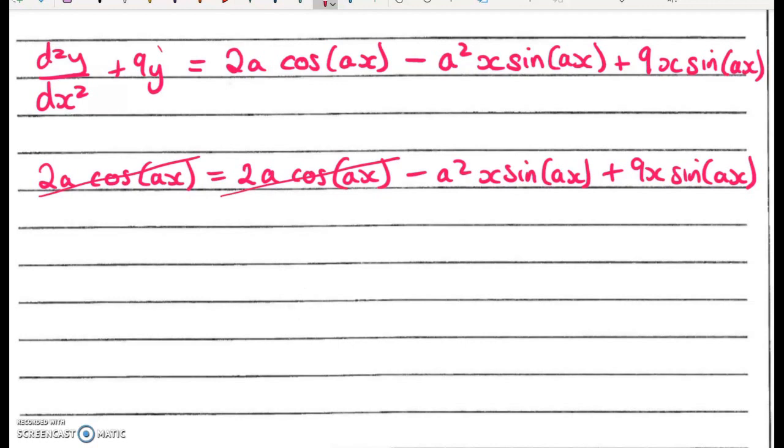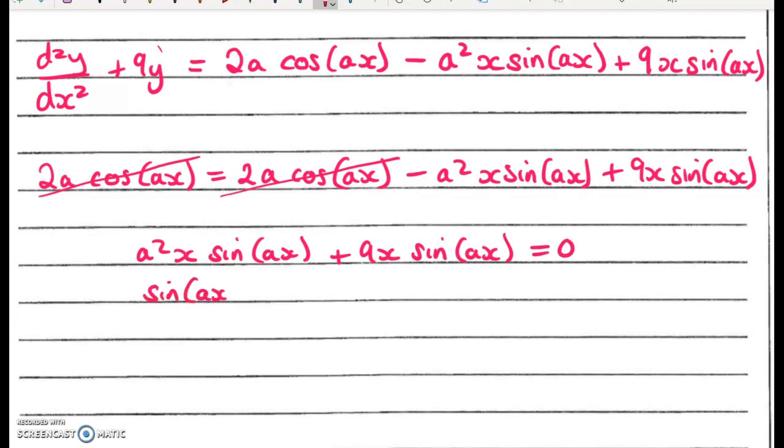A squared plus 9x sine ax will be equal to 0. We can take out a factor of sine ax from both of those, and we're left with a squared x minus 9x is equal to 0, and a squared x minus 9x from there must be equal to 0.